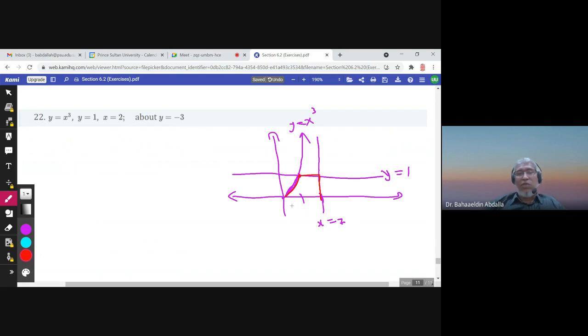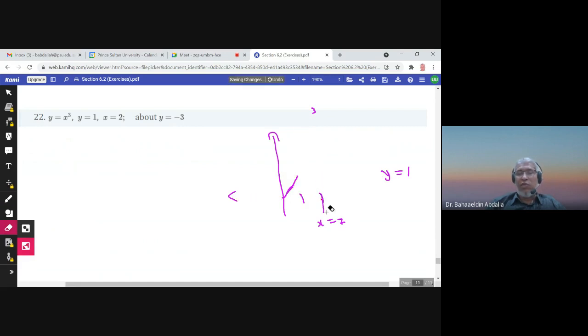Well, the region is not clear here because he must say y equals 0. Okay. So y equals x cube. This is the graph of y equals x cube: (0, 0), (1, 1). If x is 2, it would be 8, up. So let us go up. This region is not a good region.